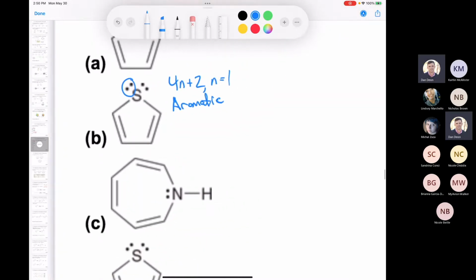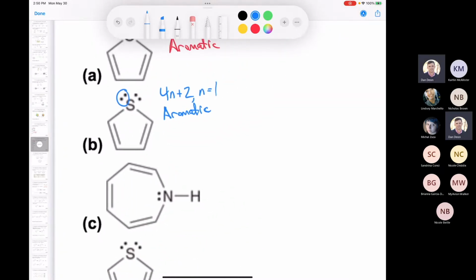If we look at the next one, what about this one? Now, what's the hybridization of this nitrogen? Is it sp2 or is it sp3? If it was sp2, then this lone pair would be in a p orbital. Then you'd have 1, 2, 3, 4, 5, 6, 7, 8 electrons in the ring. You'd have a continuously overlapping system of p orbitals.